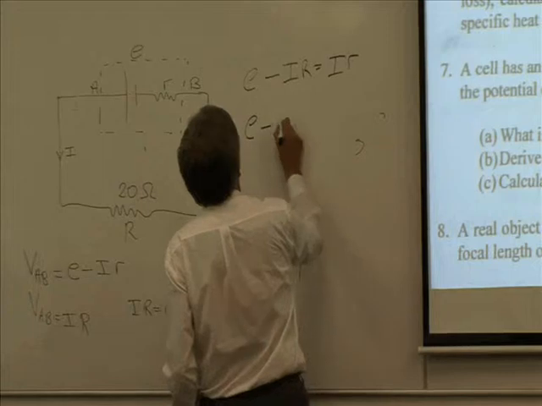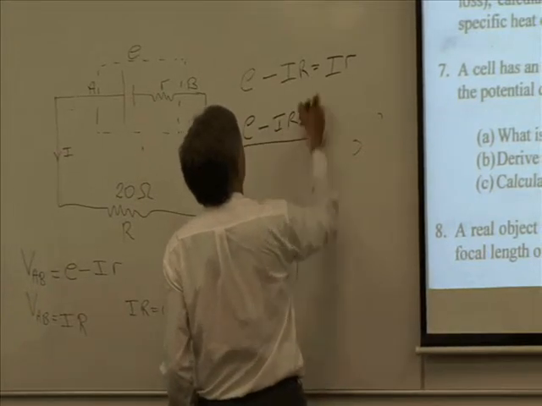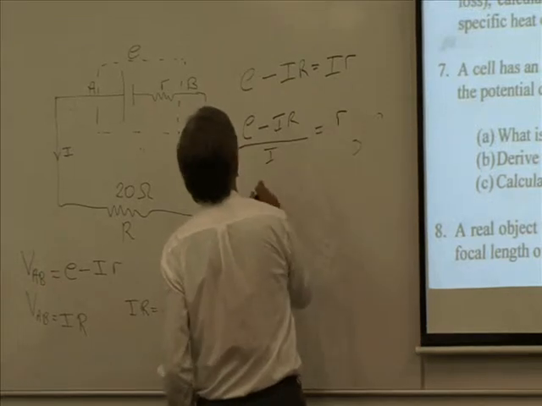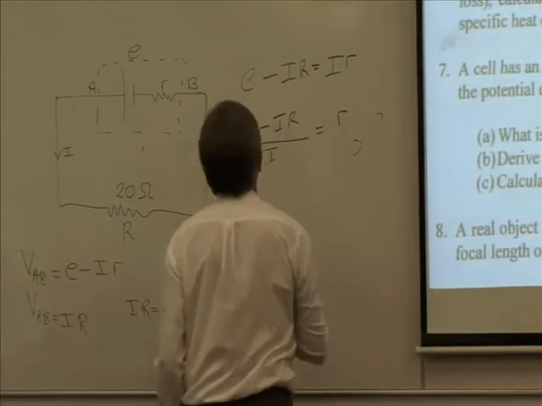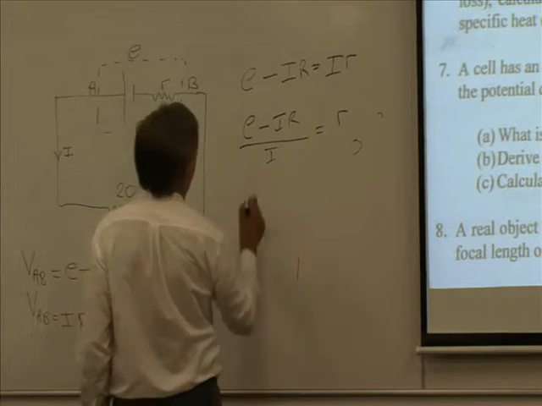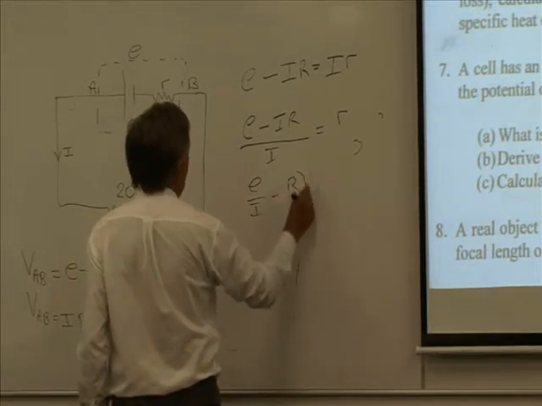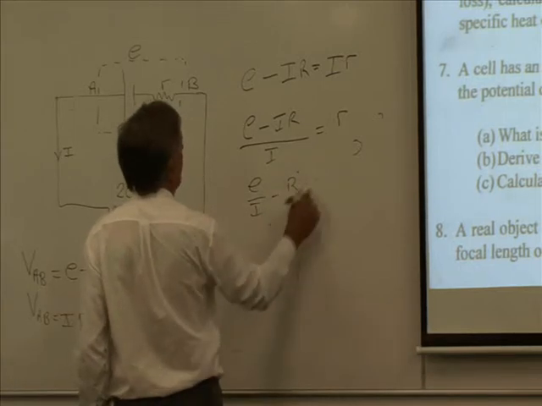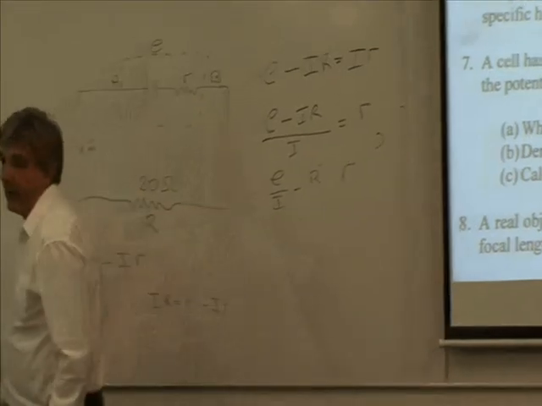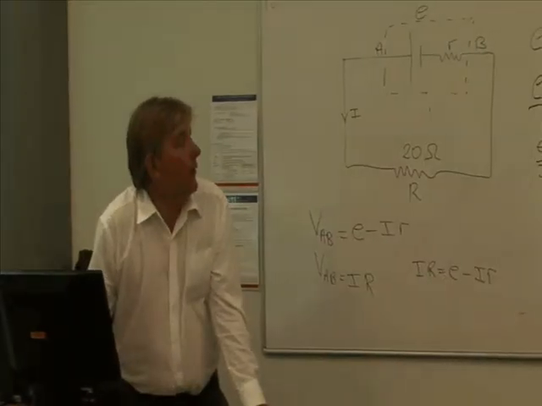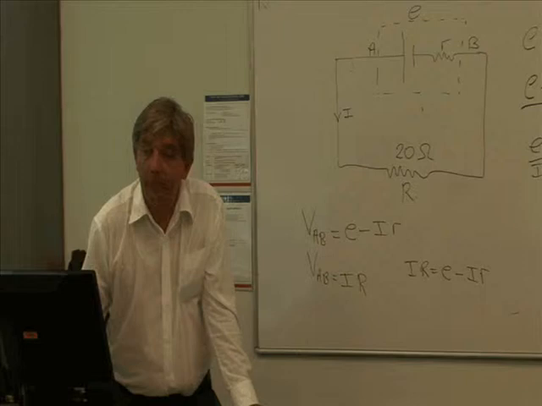So E minus IR over I equals r, which is, leave it like that. Or if you want to do E over I minus R. Okay, and I'll leave you guys to plug in the numbers for part C.